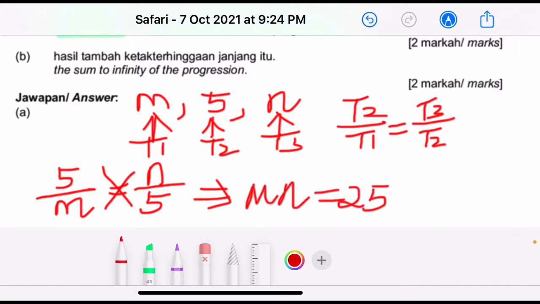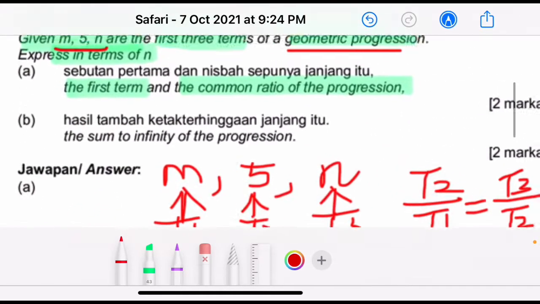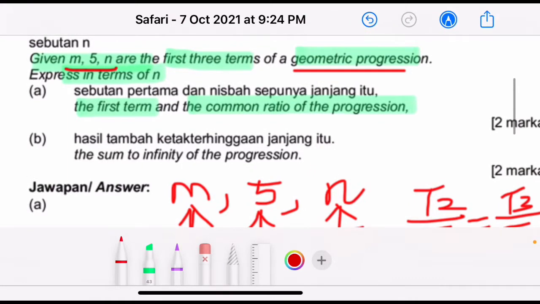Then the question asks us to express in terms of n the first term and the common ratio of the progression. So we want the first term, which is m.